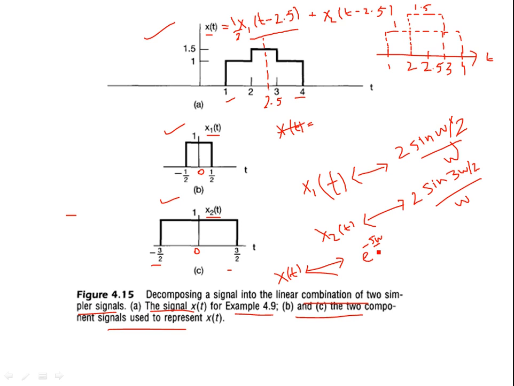Then there is a factor of half, which simply gets multiplied by this 2, so this vanishes. Then you will have sine(omega by 2) by omega. So that's the first transform for x1(t).